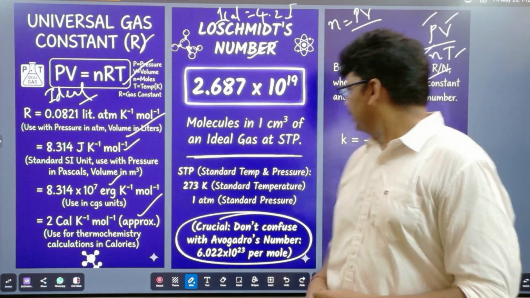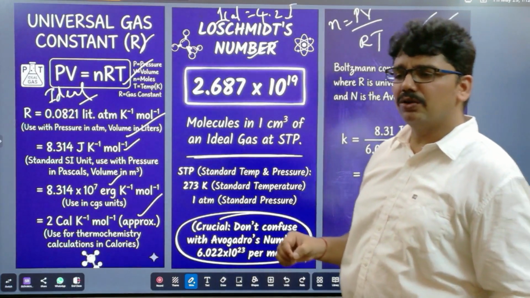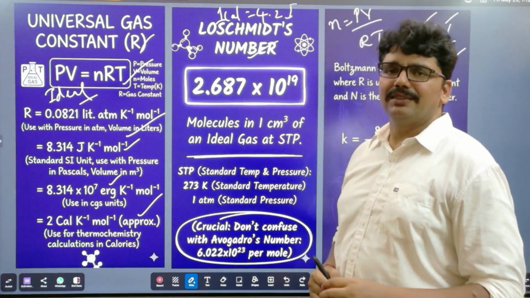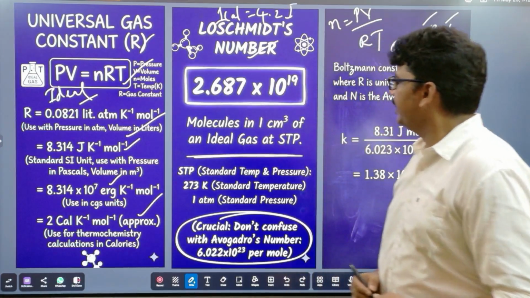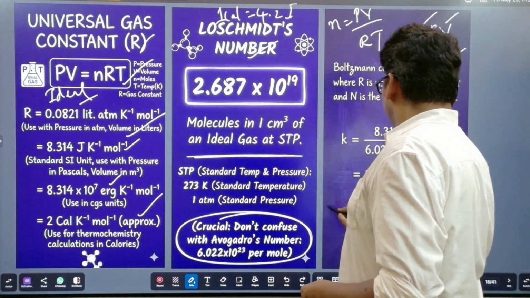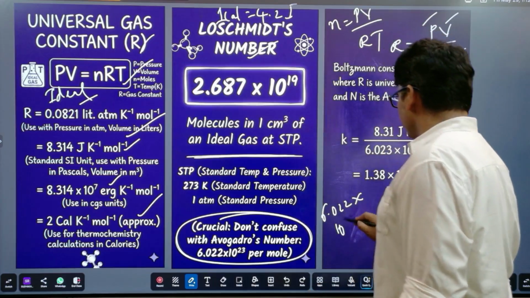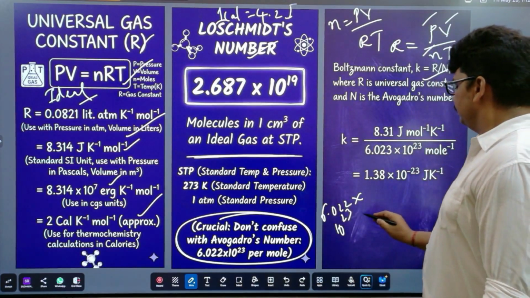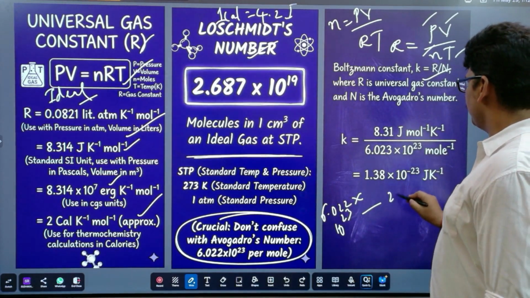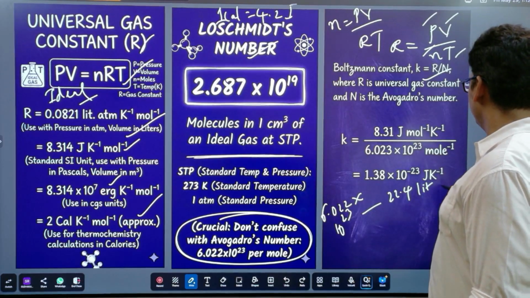Loschmidt number. What is the Loschmidt number? We know the Avogadro number: 6.022 into 10 power 23 particles is the Avogadro number. Here 6.022 into 10 power 23 molecules are present in 22.4 liters volume at STP.